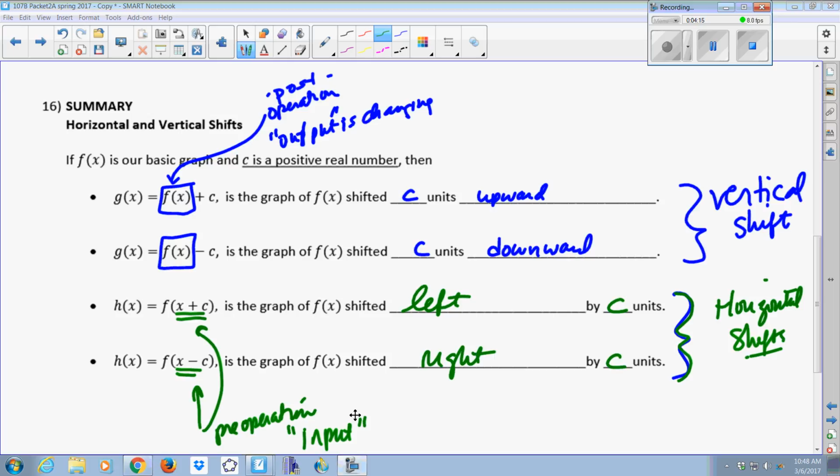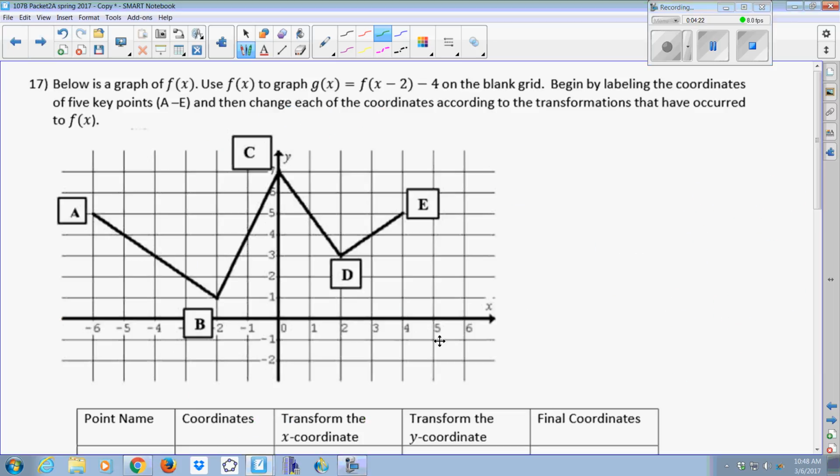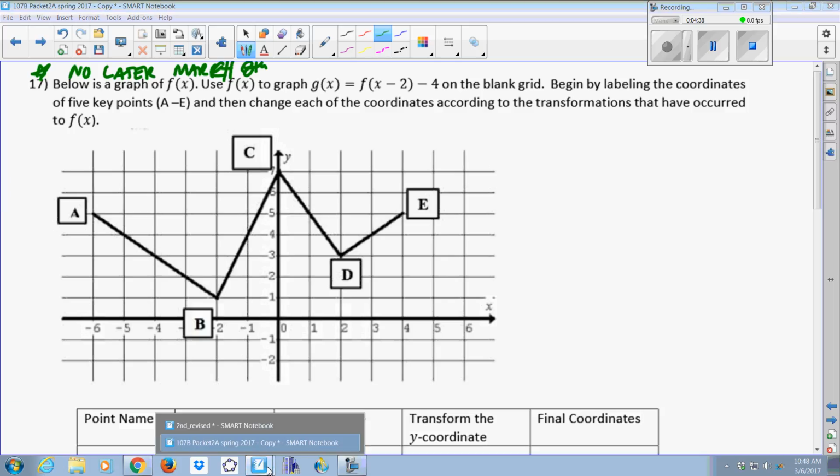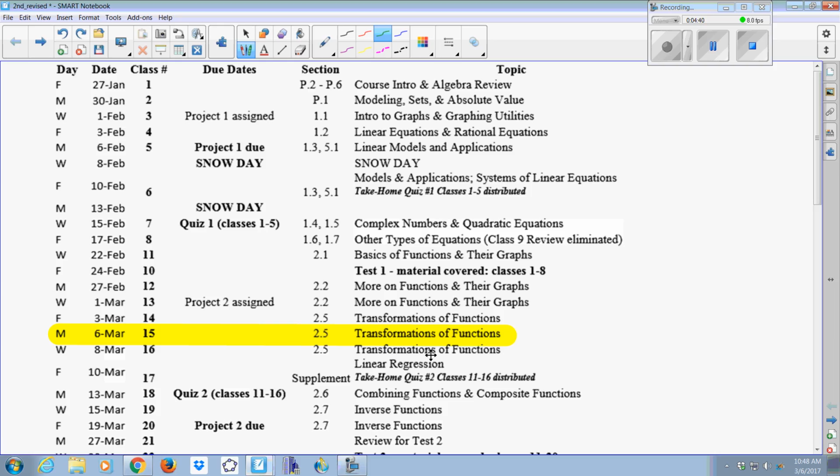Okay. So that's a summary of what we did on Friday. The next page, if you have not completed this page, please make sure this is done no later than Wednesday this week, no later than March 8th. And I'm giving you all this advice because if we look at our revised syllabus, our schedule, we know that today we're in the second day of transformations.